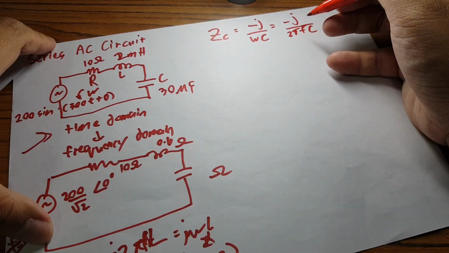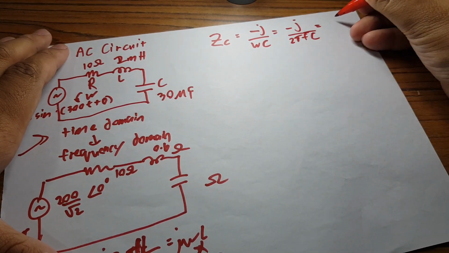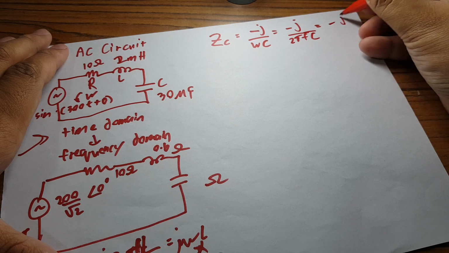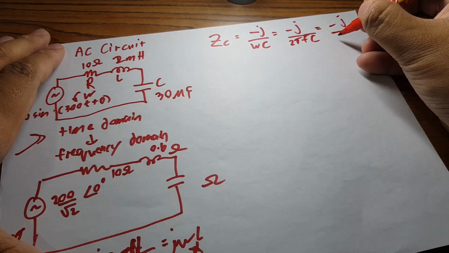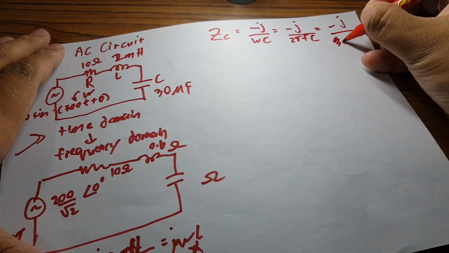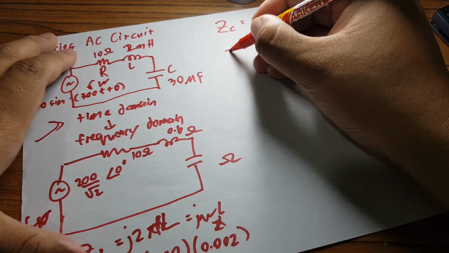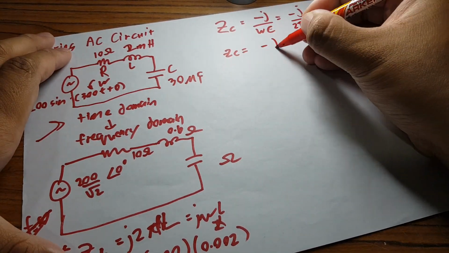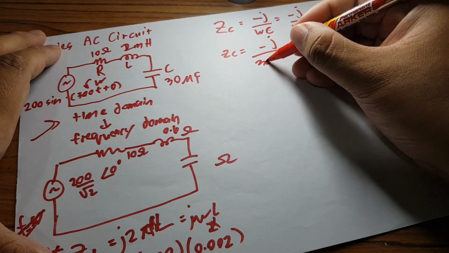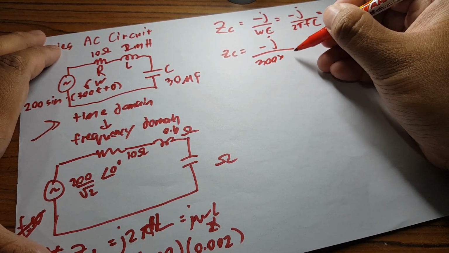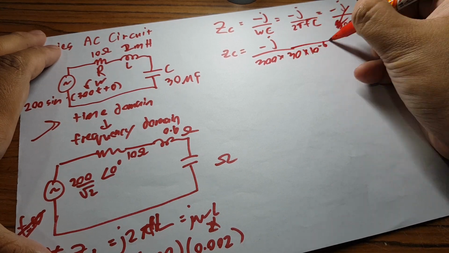If they give frequency, you use frequency. So ZC is equal to negative j divided by 300 multiplied by 330 multiplied by 10 to the negative 6.